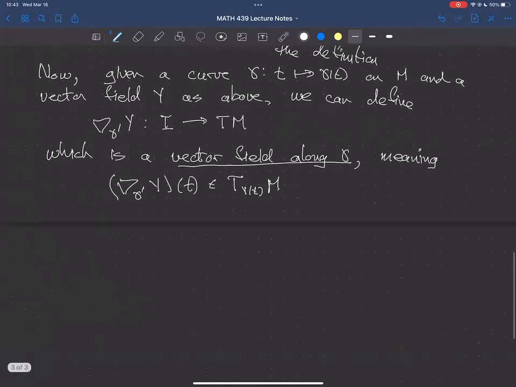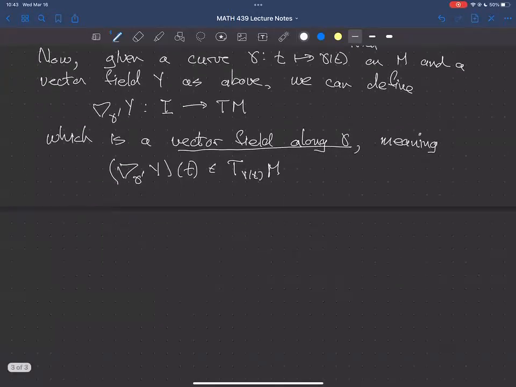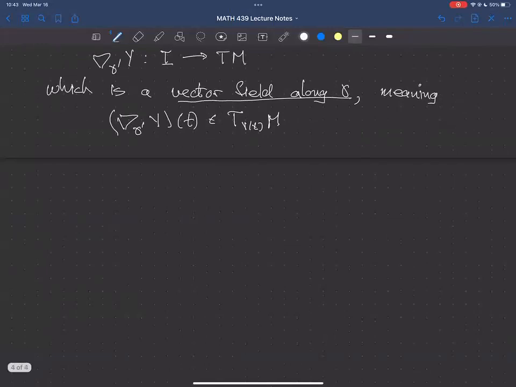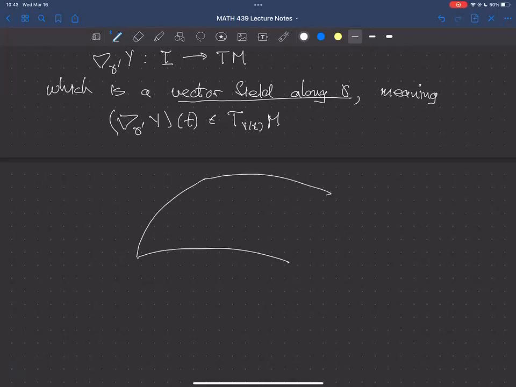Okay, so there's a picture in your mind that should go along with this, and it goes something like this. So here's my curve gamma, like this. Now I also have a vector field, the vector field y.